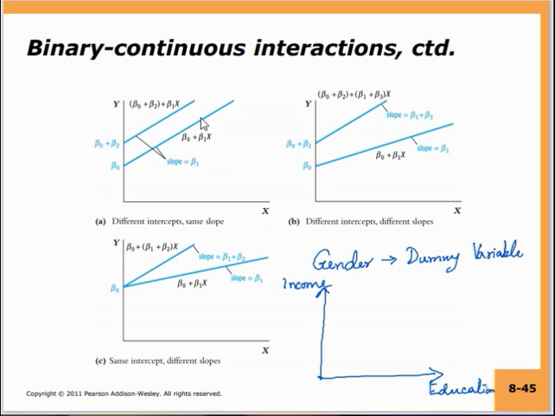If you don't allow an interaction effect, you may just get two parallel lines, maybe this one for the males and this one for the females, and there you will just say that for all levels of education there is a constant difference in salaries that males and females get. But if you allow an interaction effect, you might be able to get two lines like this, this one for males and this one for females.